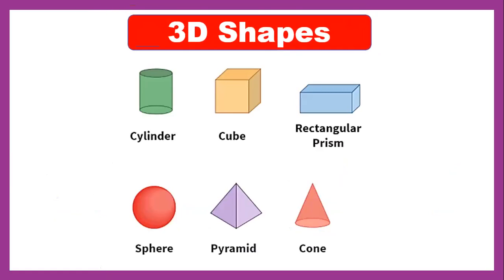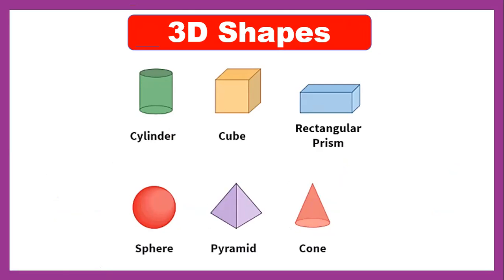Today we learn about 3D shapes that you can see in the pictures. These pictures are different from the 2D shapes. You can see the width and the height and the depth. You can see three things: height, width, and depth. You can see inside the shape.